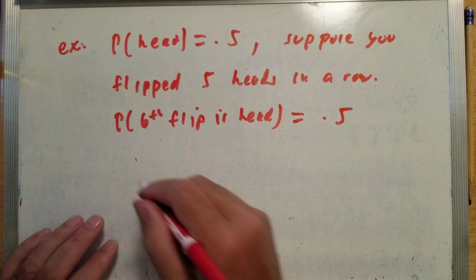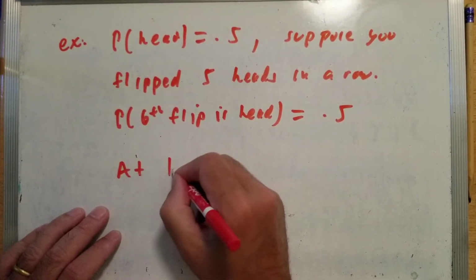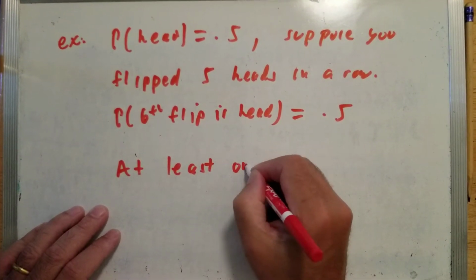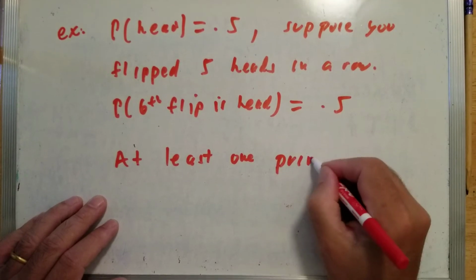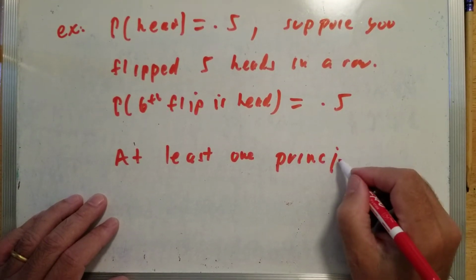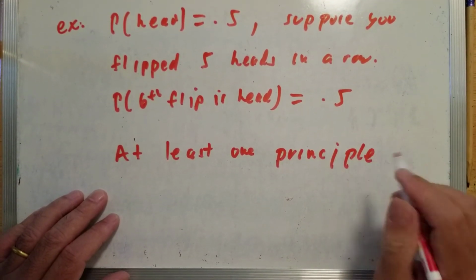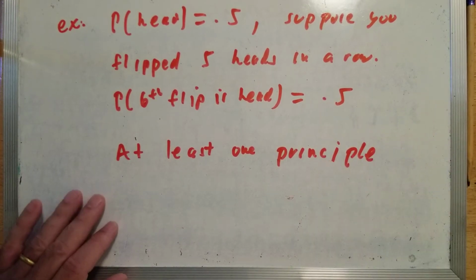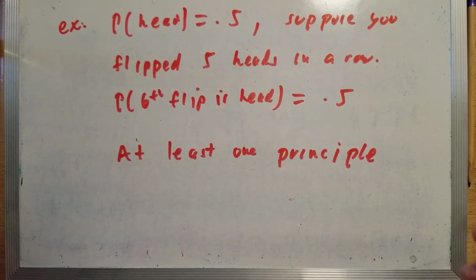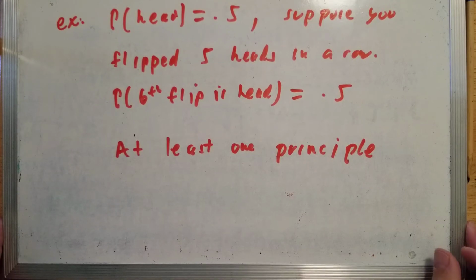Okay, now I want to talk about what's called the at least one principle. Okay, so let me start with an example using a set of equally likely outcomes.